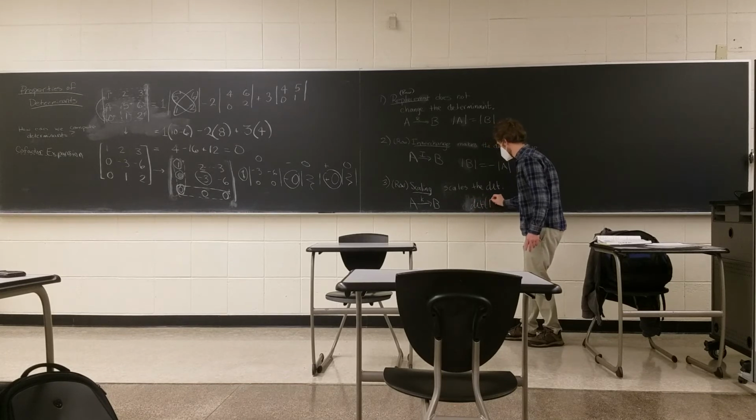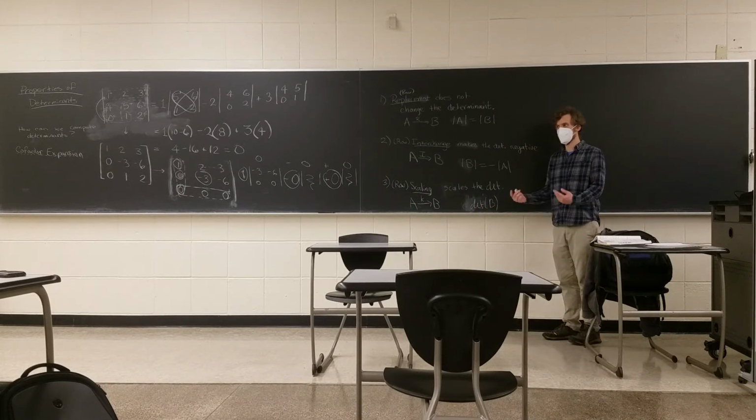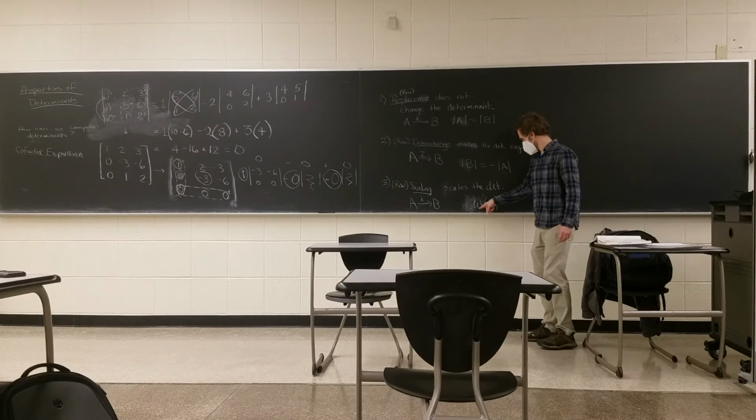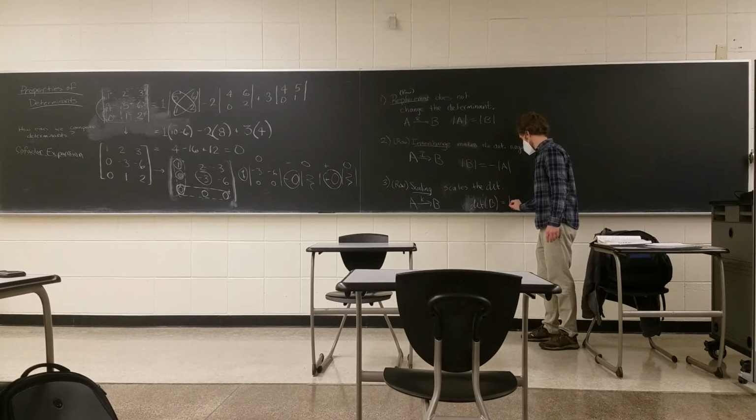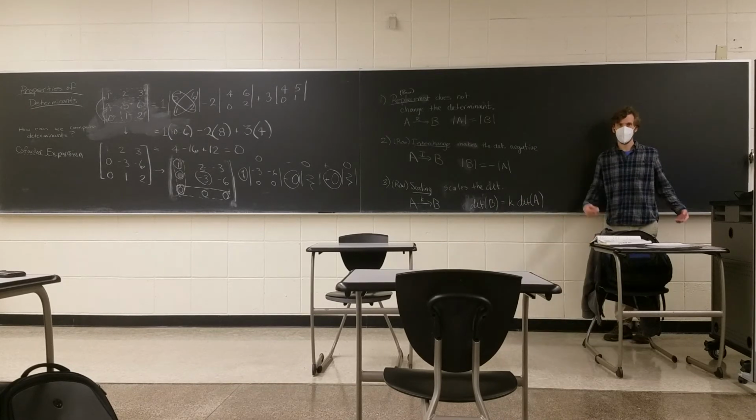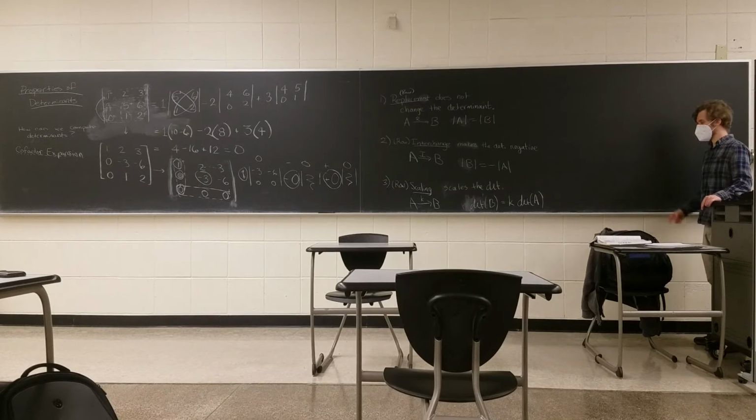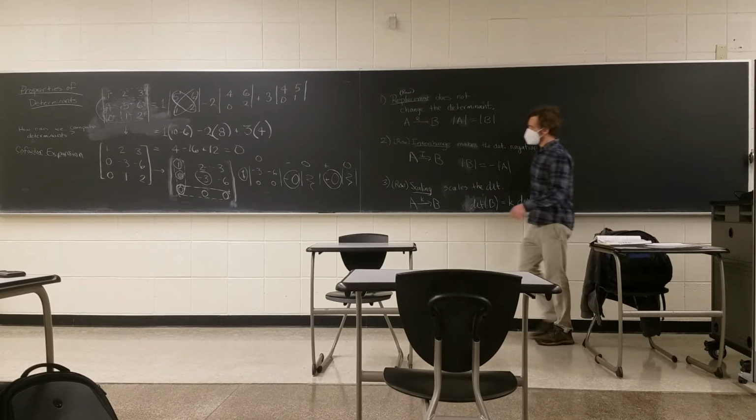The determinant we can think of as a function that takes in a matrix and spits out a number. The determinant of B is equal to k times the determinant of A. So whatever that scaling of the row was, the determinant will be a multiple of that.